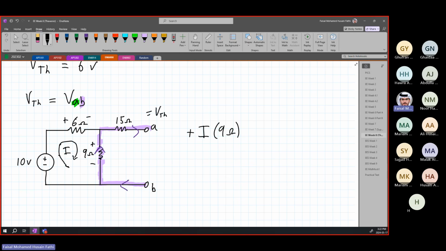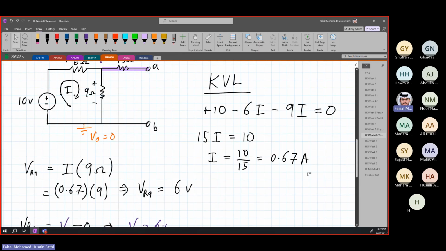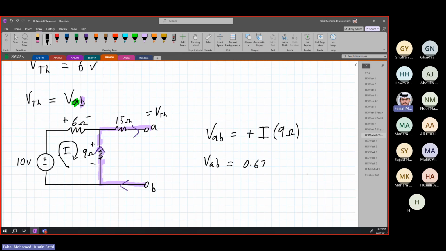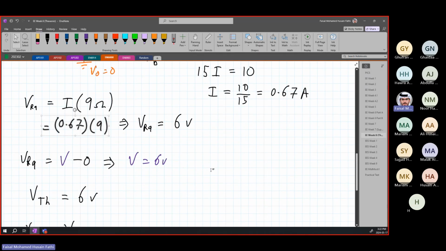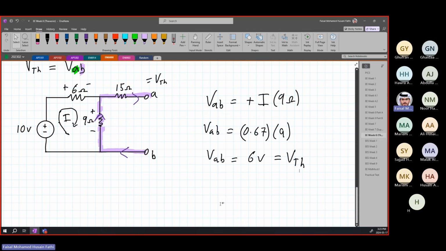So VAB is equal to simply plus I times 9 ohms. We found the current earlier, so it's 0.67 times 9. So VAB is equal to, the same exact equation, 6 volts. So this is equal to our VThevenin.